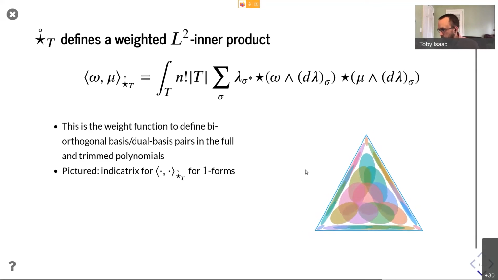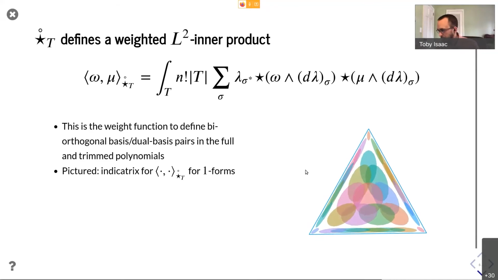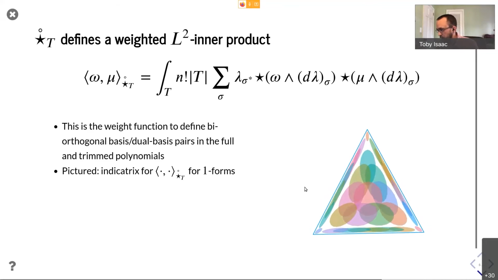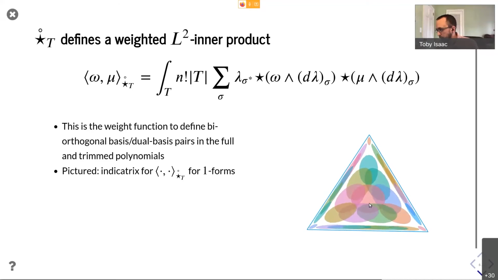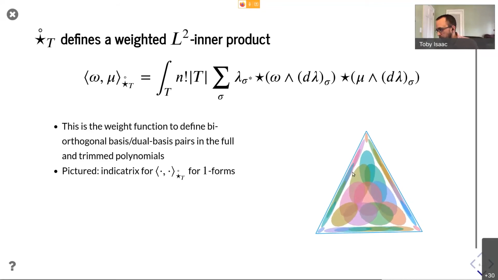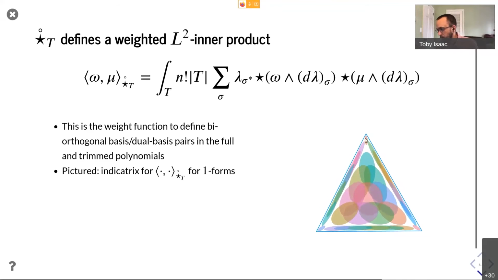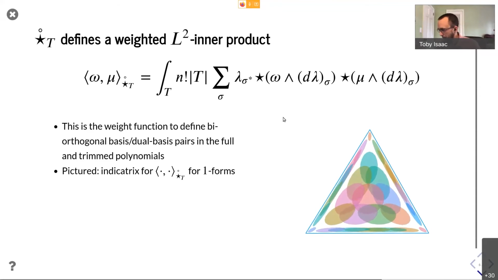And so that thing that was floating around in the title slide, this is the indicatrix for that weight function. So the weight is large in the middle, and it gets smaller at the edges, but it gets smaller just in the normal directions at the edges, and then gets all the way small at the vertices.